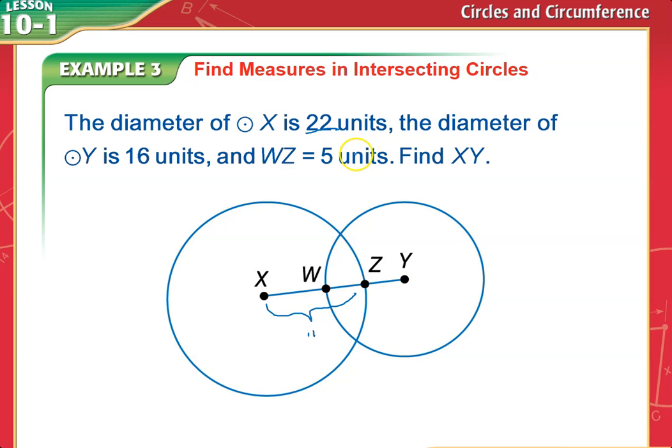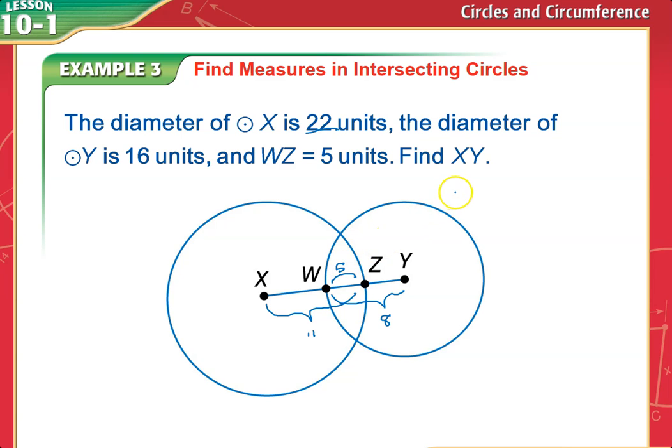The diameter of circle Y is 16 units, so the distance from Y to W, segment YW, is half of 16, which is 8. They also tell us that WZ is 5 units.